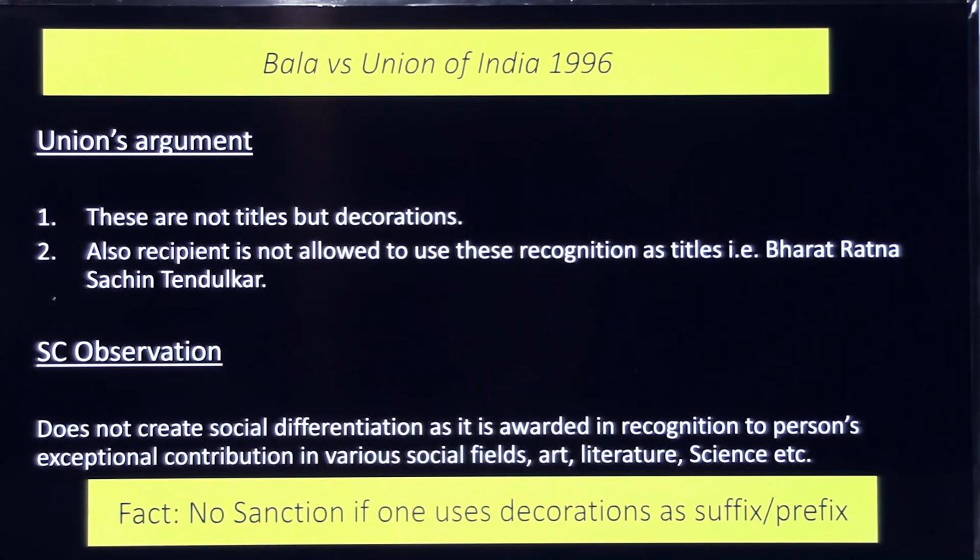But the one fact you can see on the screen is that there is no sanction if any person, say Sachin Tendulkar, who has received the Bharat Ratna award, decides to use it as a suffix or prefix or title with his name, except that the Rashtrapati can take it back. There is no legal action that can be initiated against any recipient who decides to use it as a title. That was the fact.